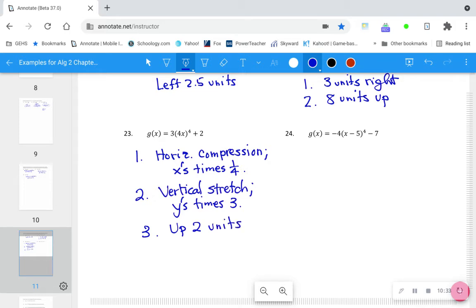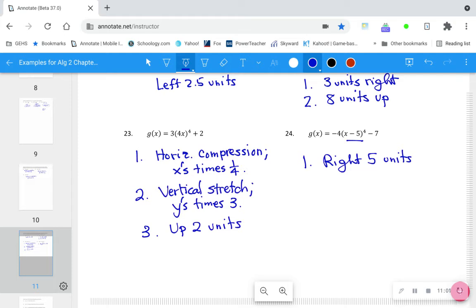Okay, the last one we have on this little section is one where there's actually 4 changes. They might not be quite so obvious, but we go to the right 5. Start inside the parentheses when you do it in order. If you remember that PEMDAS starts with P because you're supposed to do the parentheses first. And anytime you're inside the parentheses, don't trust the direction.